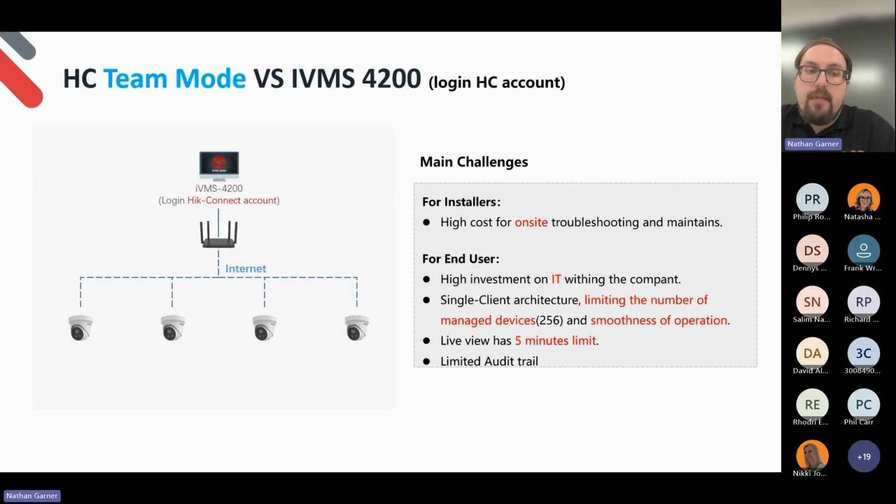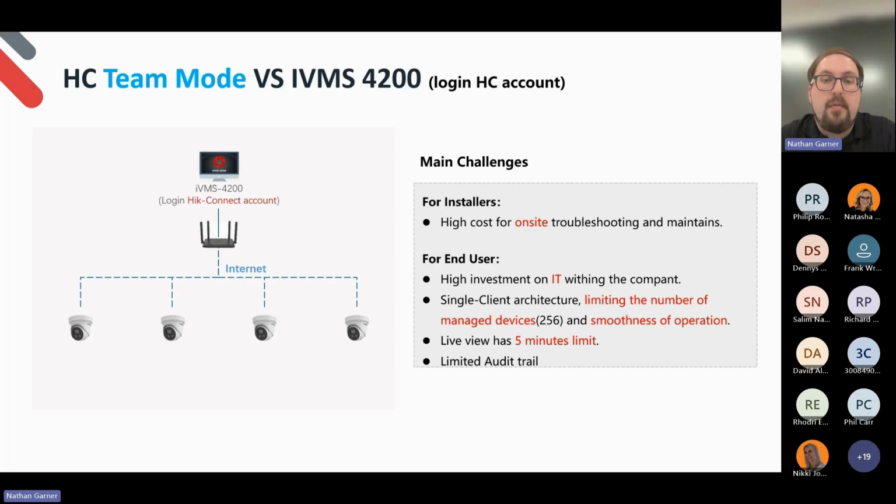You've also got the comparisons to IVMS 4200 as well. This is software that's been used by multiple customers now for smaller commercial properties, where they'll have IVMS 4200 installed on a PC. Now, there are limitations to this: each PC would in turn need to be configured individually. It's also quite heavy on resources on those PCs.